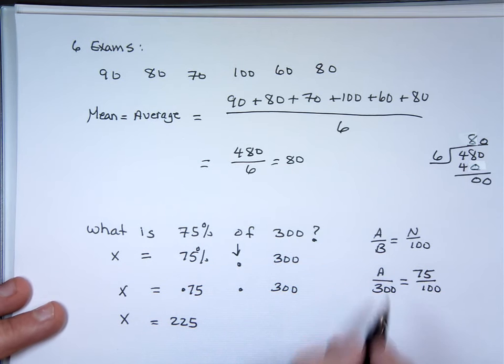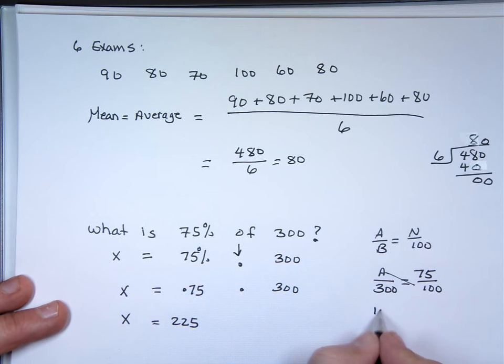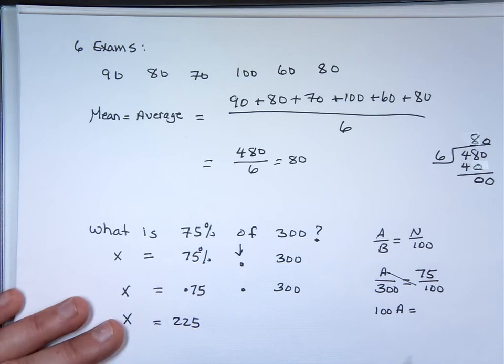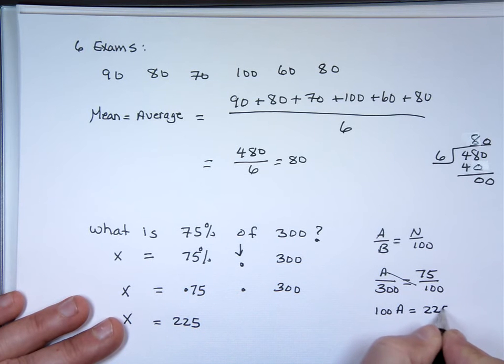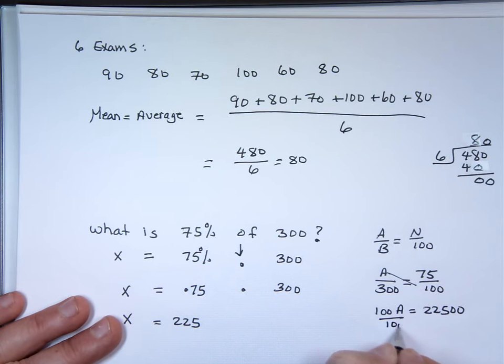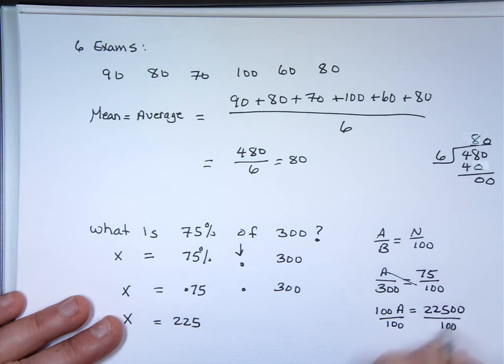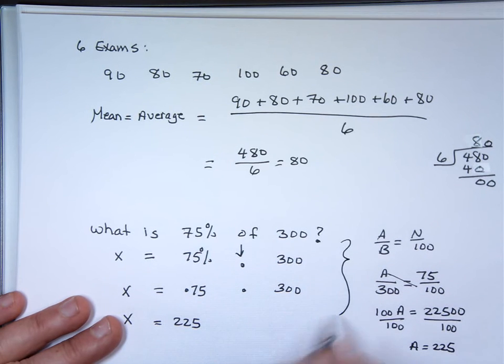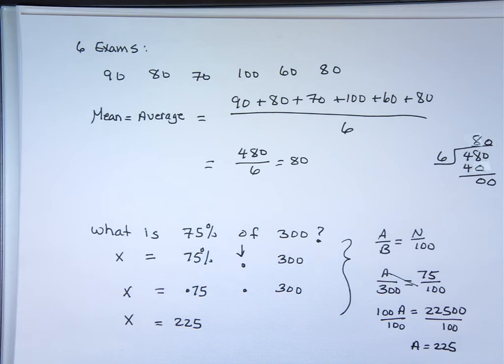You can cross multiply. 100A equals what's 75 times 300? 22,500. And to solve for A, we divide by 100. So you could have done it that way. Either way, same answer.